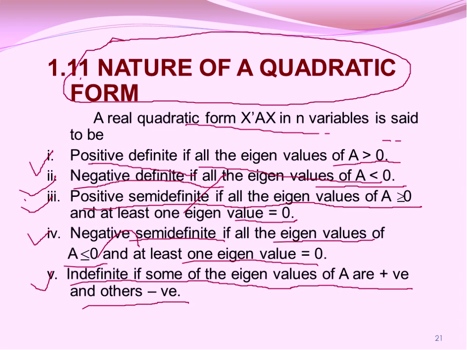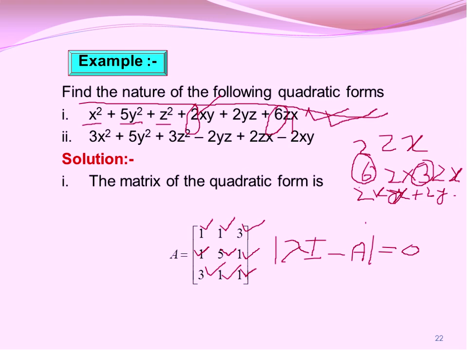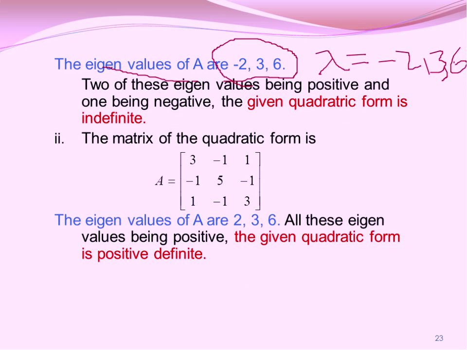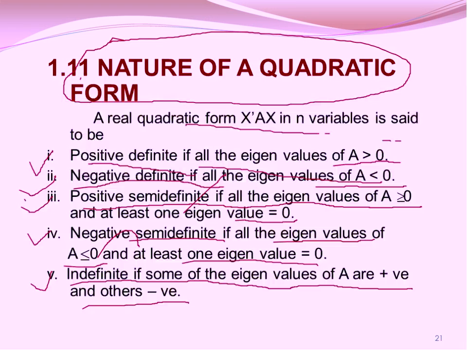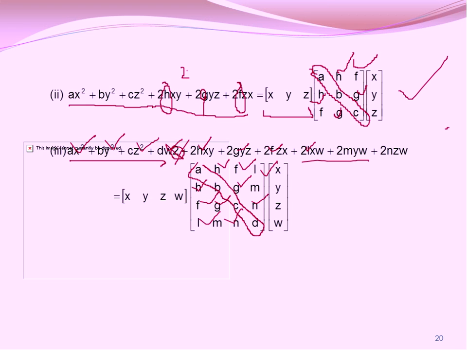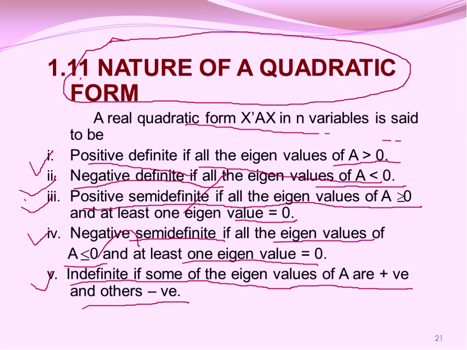So which kind is it? There are some negative eigenvalues and some positive eigenvalues. So what is the nature of the quadratic form? Let us see in the previous slides. Where is it?